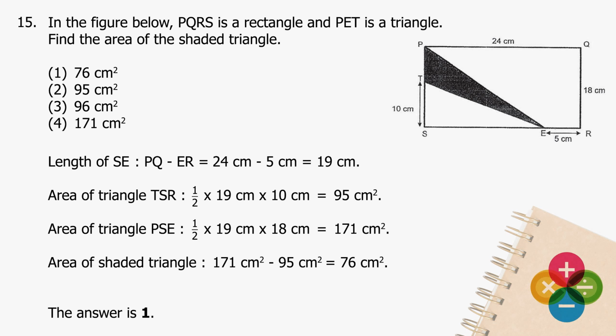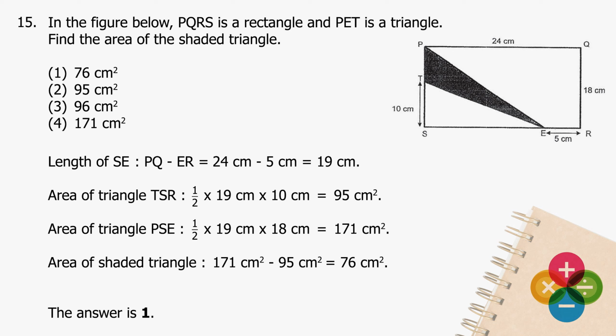The length of SE will be subtract ER from PQ, which is equal to subtract 5 cm from 24 cm, and the difference is 19 cm. The area of triangle TSR will be multiply 1/2 by 19 cm, and by 10 cm, and the product is 95 square centimeters.